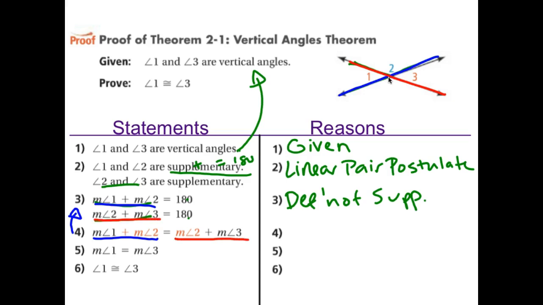So somehow they took those two equations and they made them one equation. Since both of these things are equal to 180, they're both equal to the same thing, they must also be equal. This is one of our first 8 properties we talked about, substitution. So what they can do is they can say, well, since both of these equal 180, I can take 2 and 3 and I can go replace 180 with it.